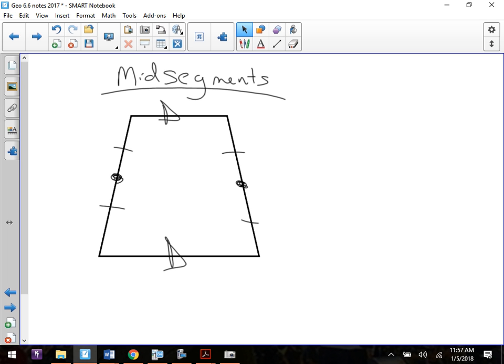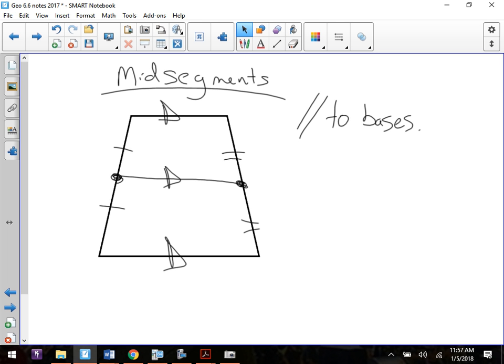So within midsegments, with trapezoids, it still connects to those midpoints. It's parallel to the two bases, and it's equal to half the sum. So the midsegment is parallel to the bases.